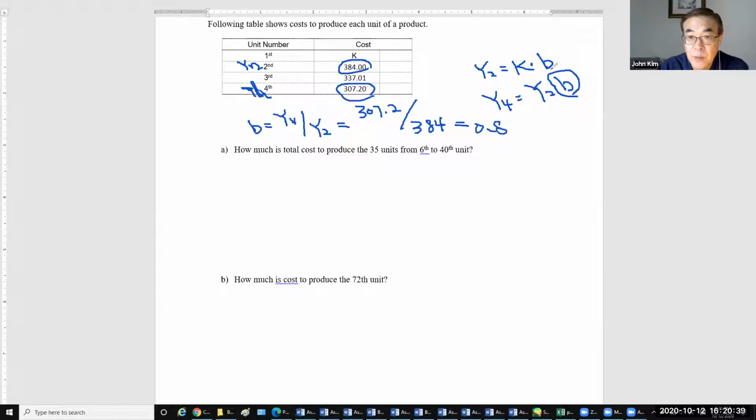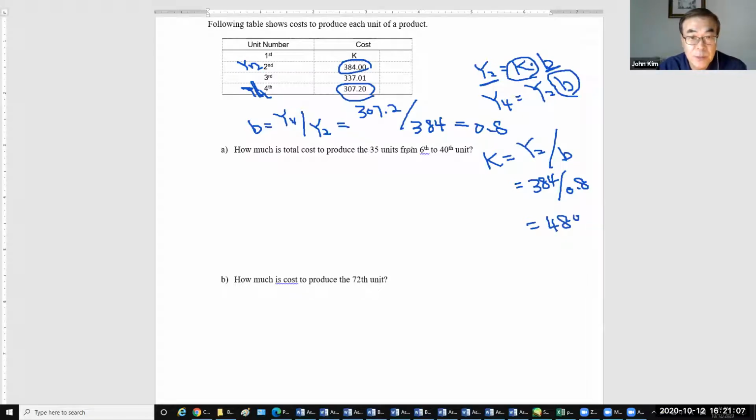So now we know B and y second. So K will be y second divided by B. That will be 384 divided by 0.8. So K equals 480.